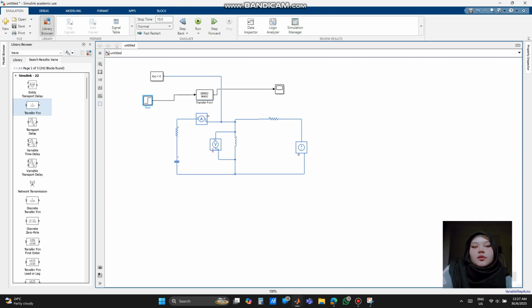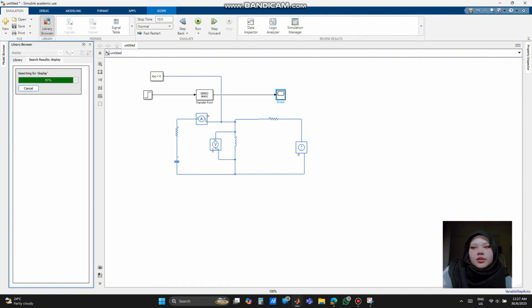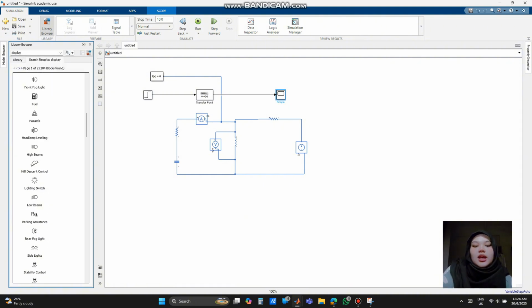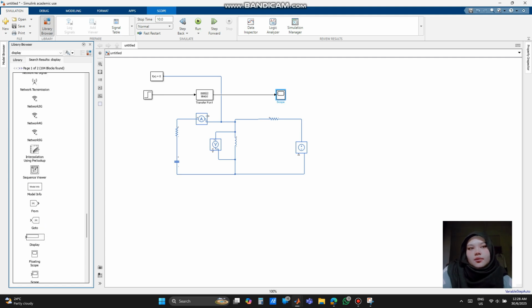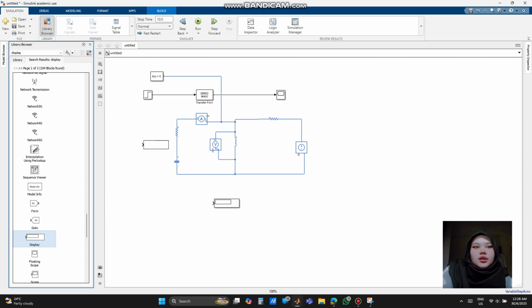Then the solver configuration is the thing that you need to put when you build a circuit in MATLAB Simulink. The solver configuration block is required in every Simscape physical network. It defines how Simulink solves the system of equations in the background.